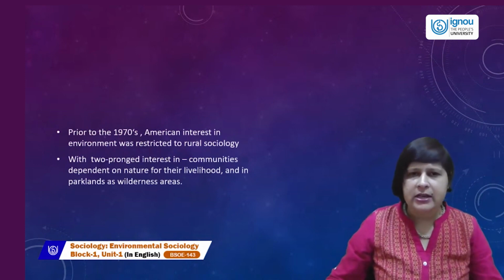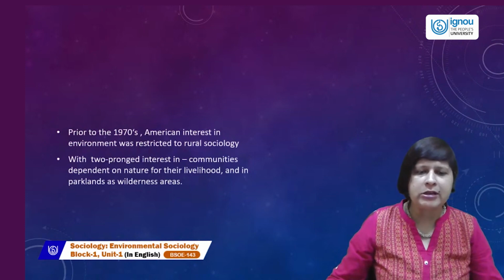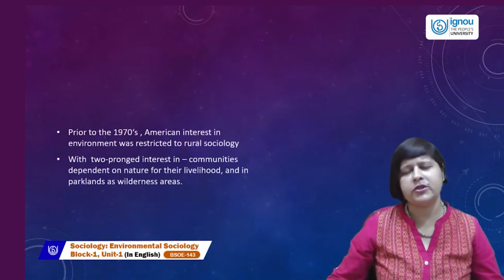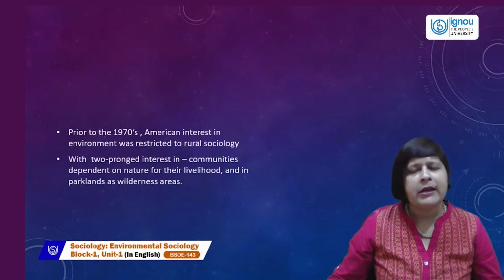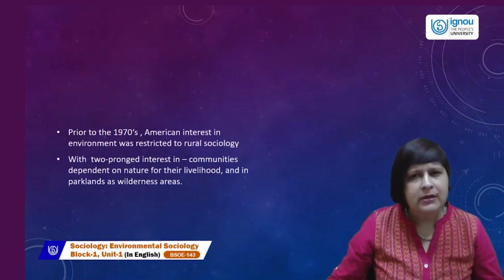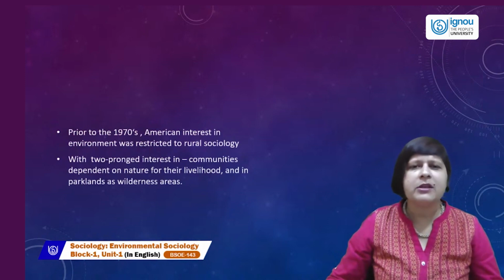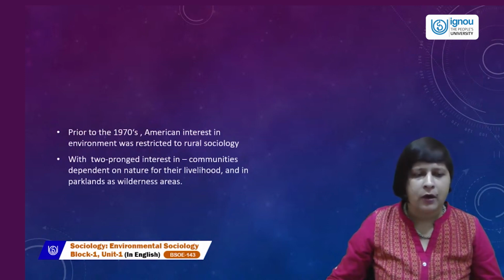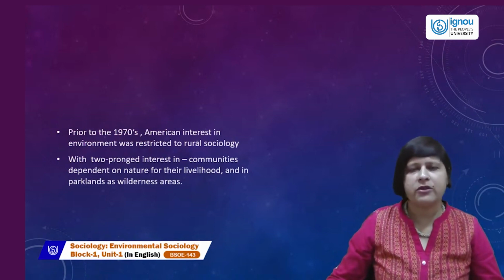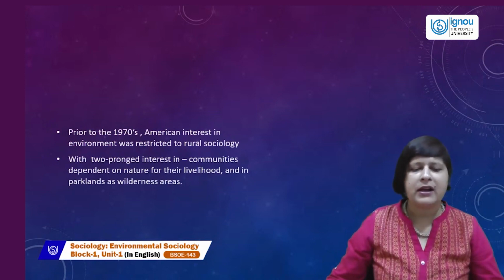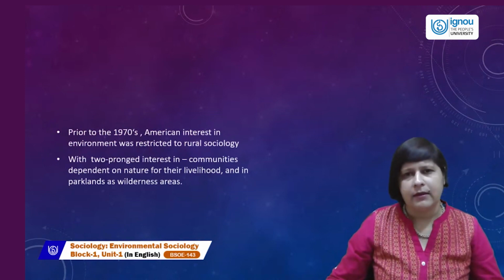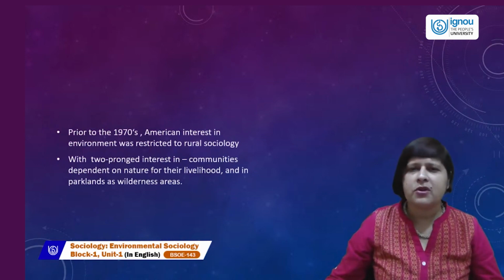Prior to the 1970s, American interest in the environment was restricted to rural sociology, with a two-pronged interest in communities dependent on nature for their livelihood and in parklands as wilderness areas. So environmental study in sociology was limited to rural areas only.